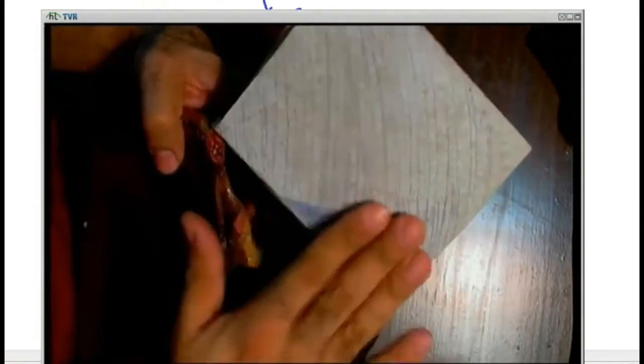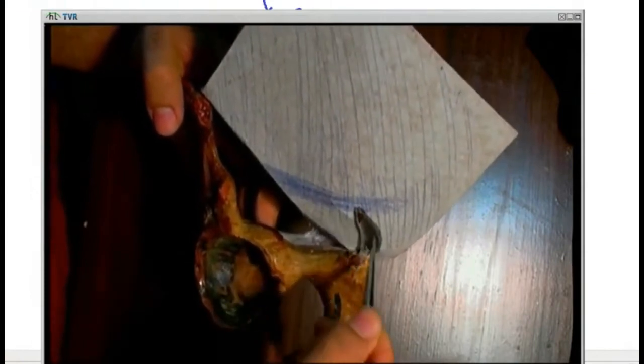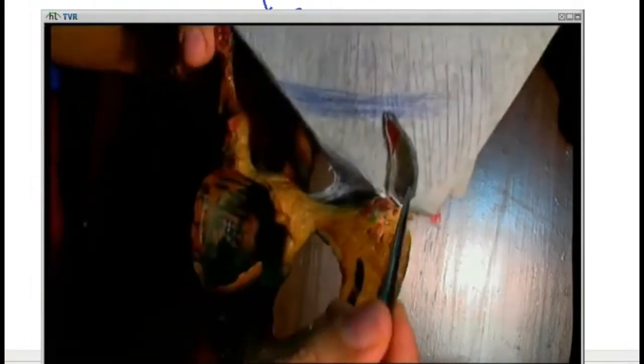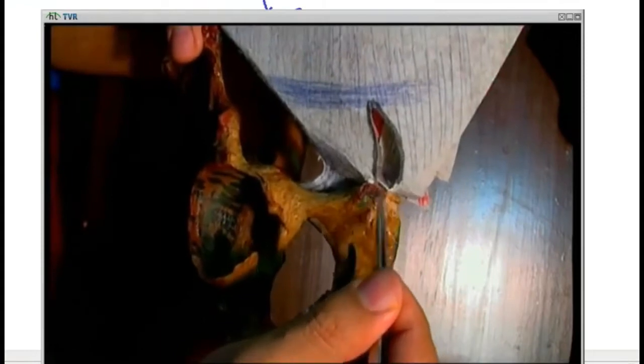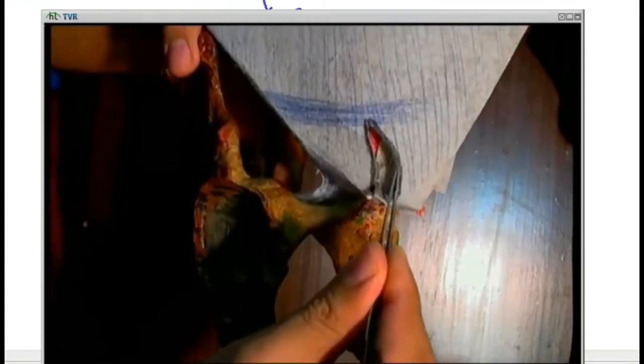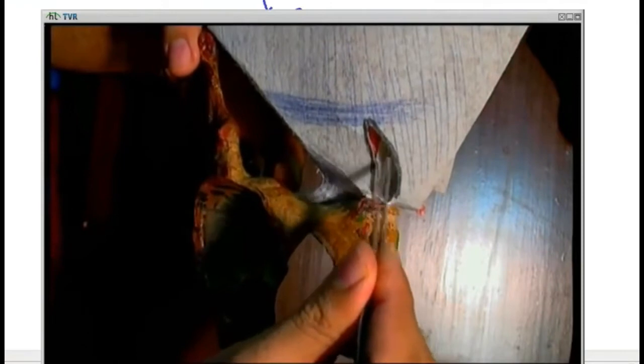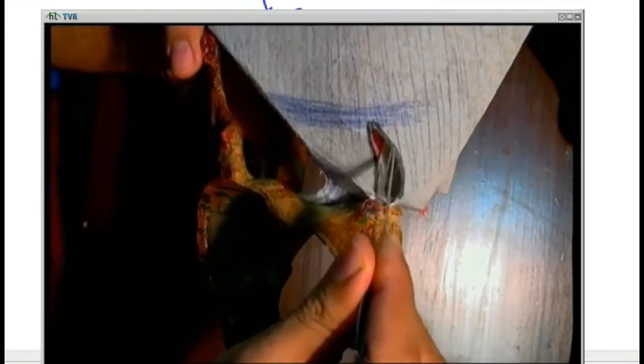External oblique aponeurosis: the direction is lower, down, and medial like this. In the lower medial part of external oblique aponeurosis, we have the superficial inguinal ring here. This ring has a base formed by the pubic crest. It has two borders, each border called a crus, medial crus and lateral crus.